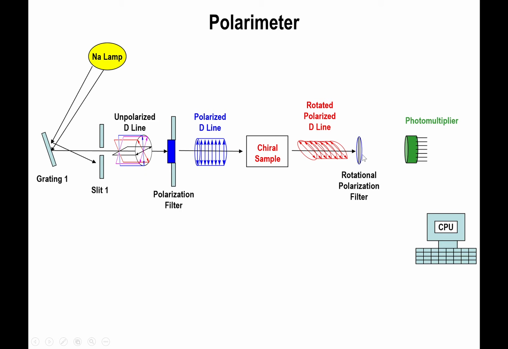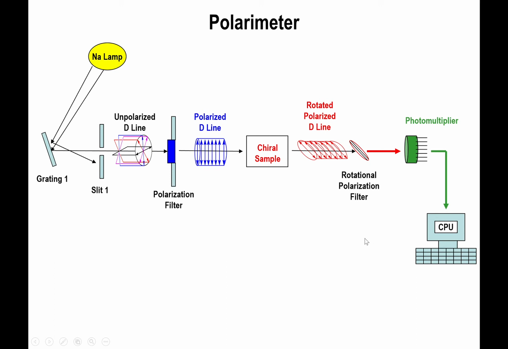And the filter will only allow the light to pass through if it matches up specifically with where this polarized light is being rotated. So the disk itself is allowed to rotate until it matches up with the polarization of the light, at which point the light reaches the detector, the photomultiplier tube that converts the light source into an analog signal that is read by the computer.